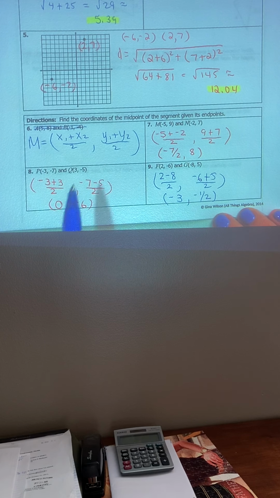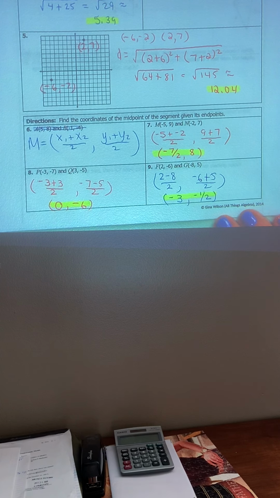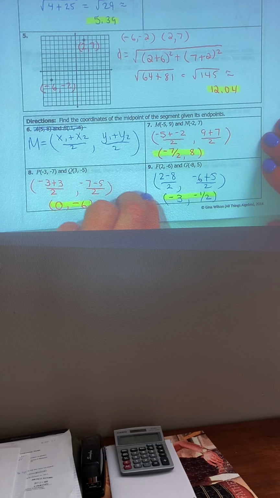Okay, and there we have it. Distance and midpoint. Next is the Pythagorean theorem.